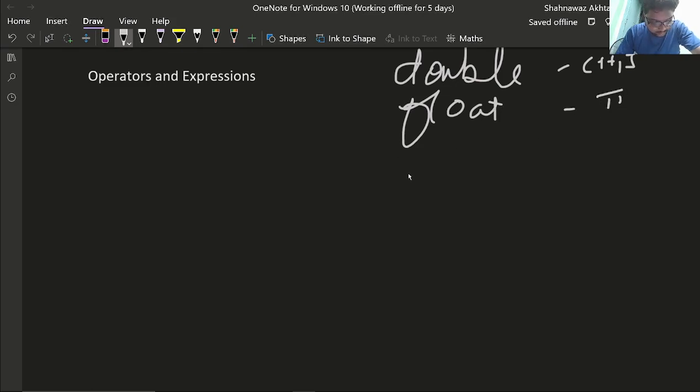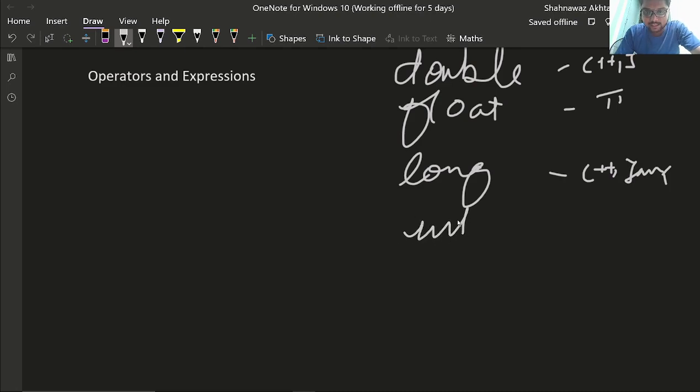Then what comes? Long. I will tell you what to write for long in C++ and what to write for long in Java in upcoming videos when we do coding. Then it comes integer data type. Then it comes short. Then comes char and then comes byte.